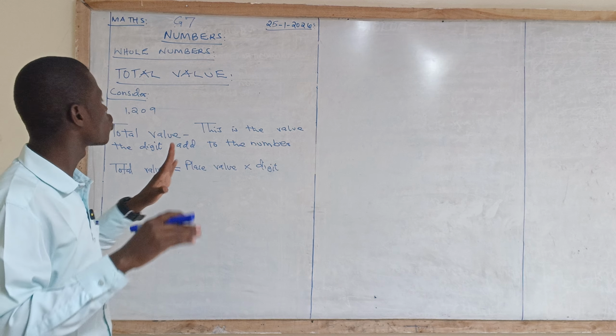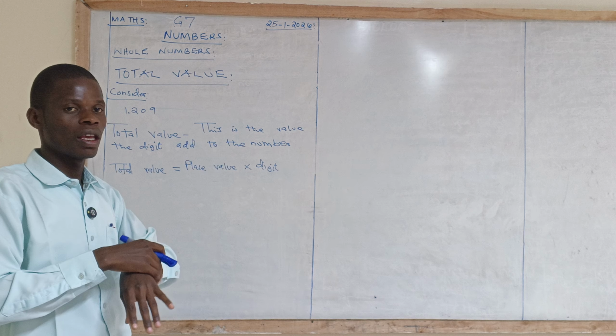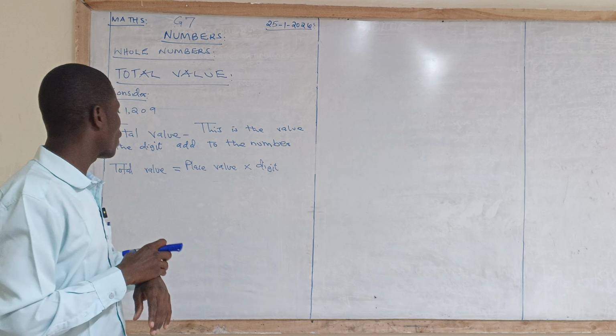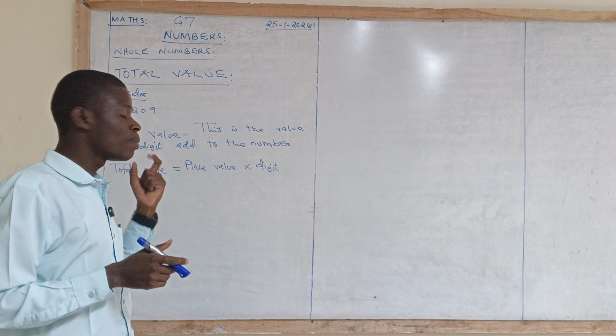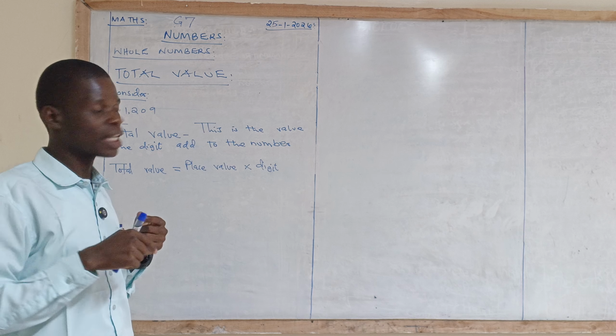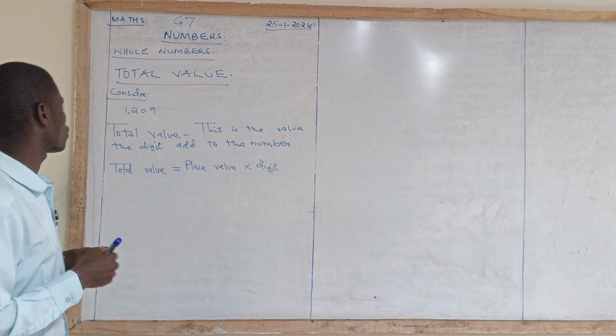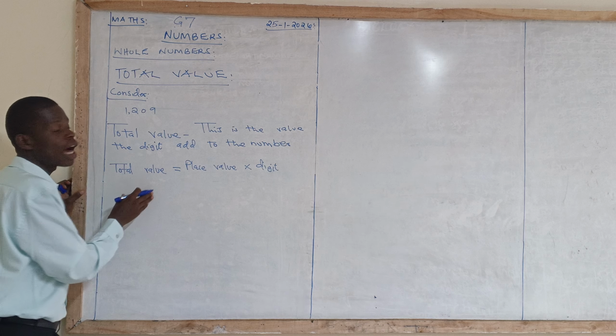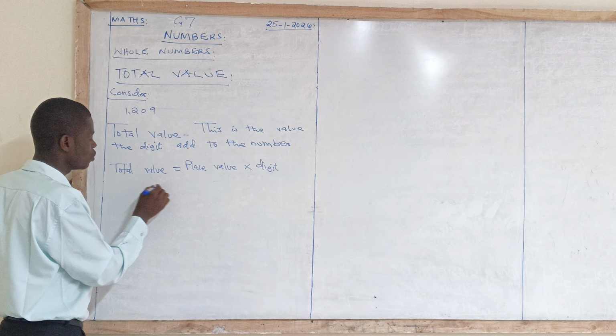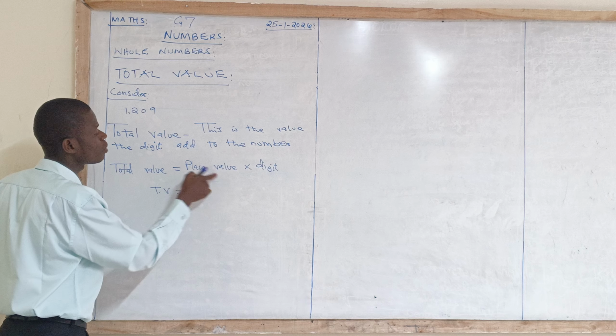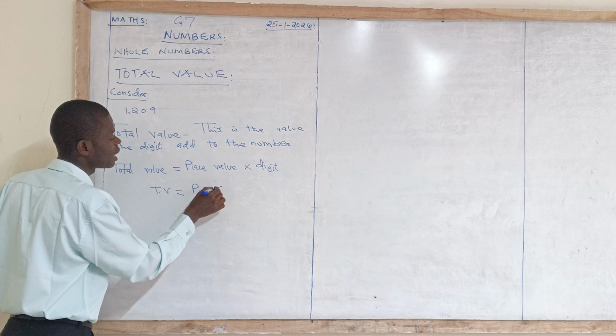I don't want us to complicate anything here. In order to get the total value, take the place value, write the place value in figures, then multiply by the digit. You get the total value. So in abbreviation, we can say total value, TV, is equal to place value, PV, times the digit.